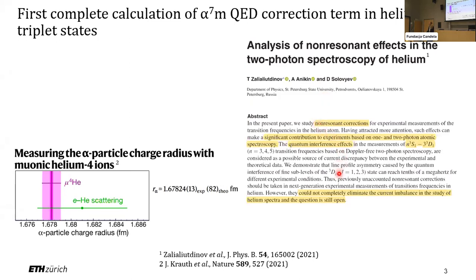However, even with the inclusion of the quantum interference effect, they still cannot eliminate the current imbalance in the study of helium spectra, and the question is still open. And this question needs to be solved such that fundamental physical constants such as the alpha particle charge radius can be determined in the future.